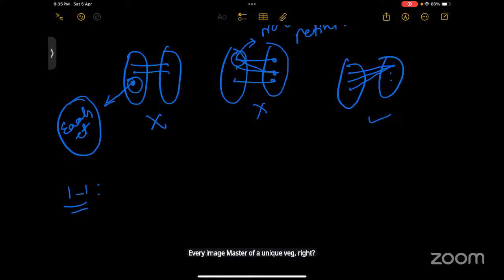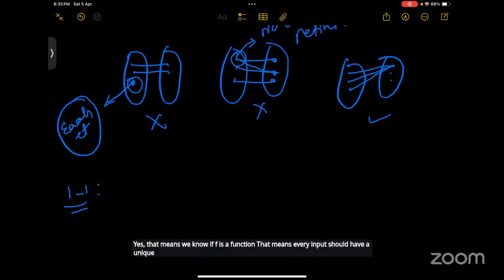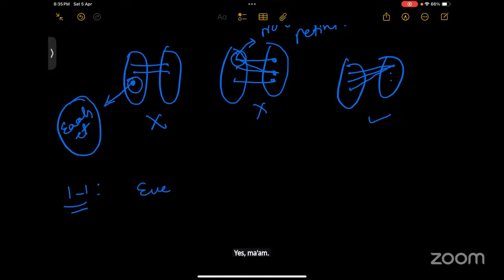Every input has one and only one output. We know if f is a function, every input should have a unique output, right? But if we want to conclude it's one-one, then every output should have a unique input, right? Agree? Yes, ma'am.